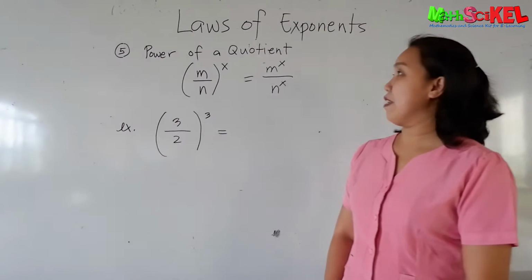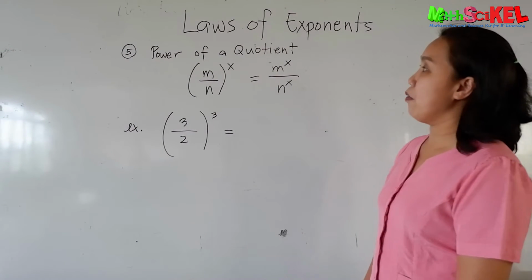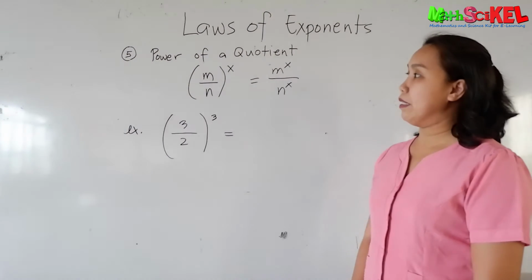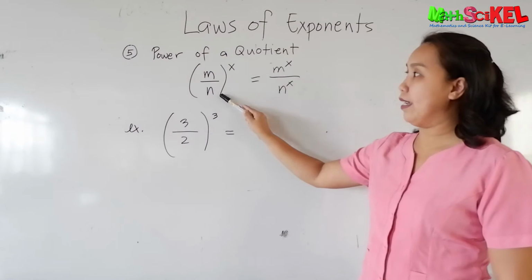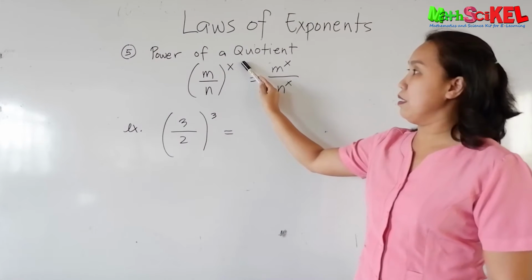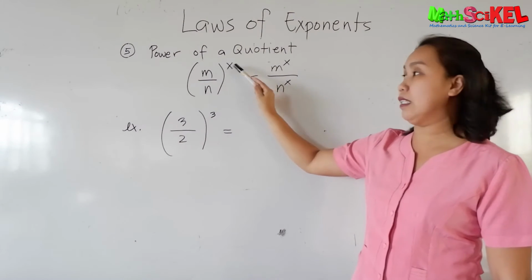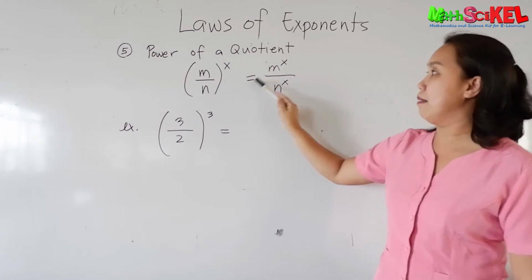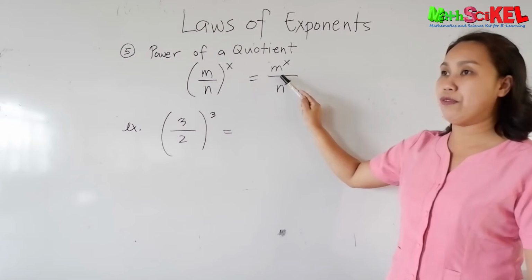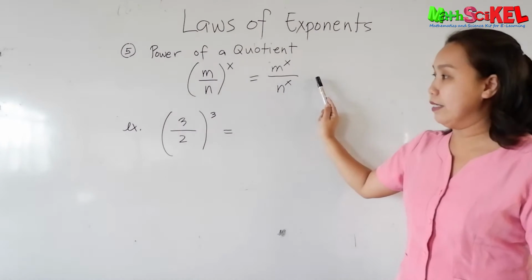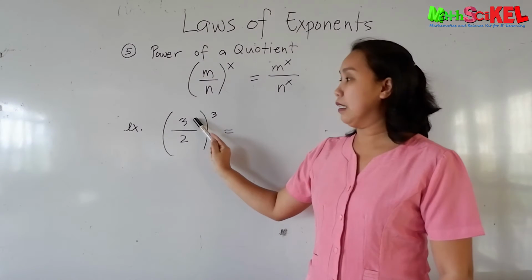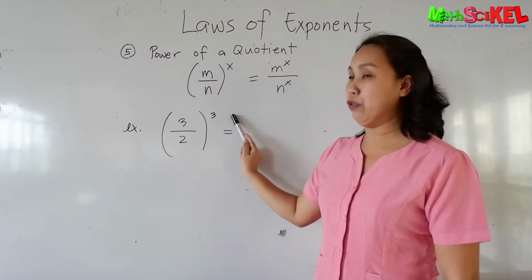And the last law of exponent is the power of a quotient. Given the form m over n raised to x. Similarly with the fourth law, we will just distribute the exponent to each term. So this will become m raised to x over n raised to x. In our example, we have 3 over 2 cubed.